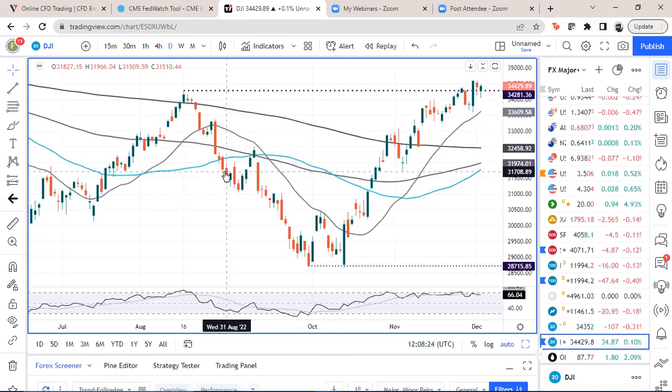So Dow Jones, as we've highlighted in previous webinars, this outperformance of old economy, less rate sensitive stocks that it has in its composition has pushed the industrial average higher, and is way outperforming the S&P and obviously that Nasdaq.